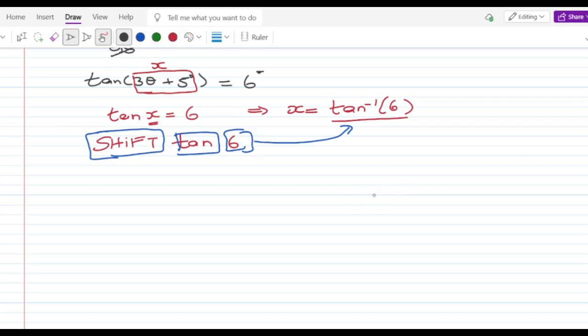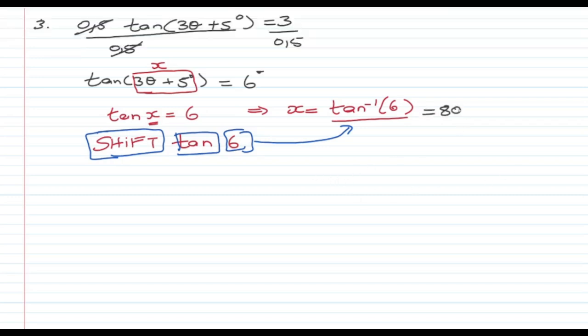So this tells us that the value of x, when we say shift tan, is 80.54. So now remember, my x is 80.54. So if x is 80.54 degrees, what is the next step?